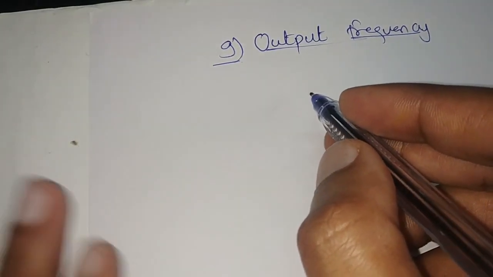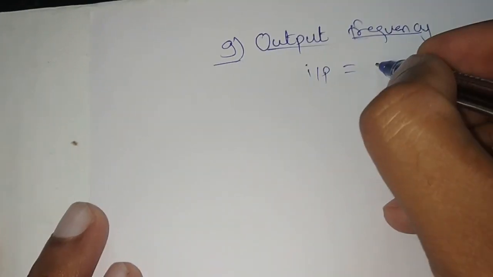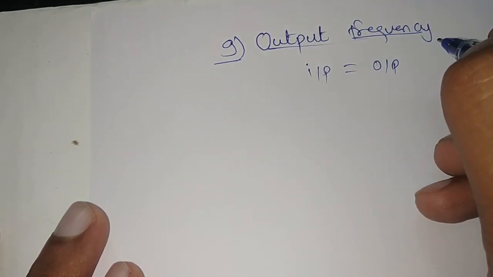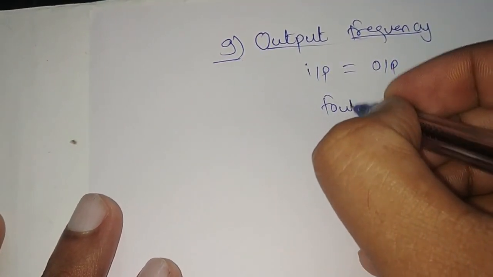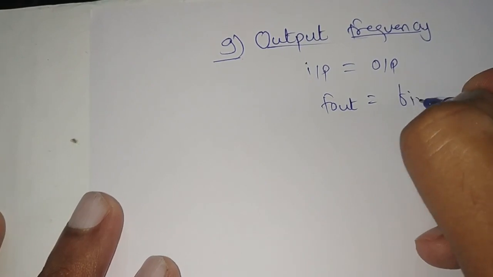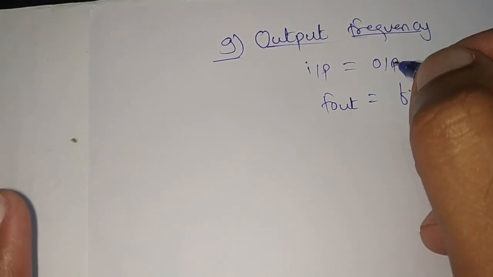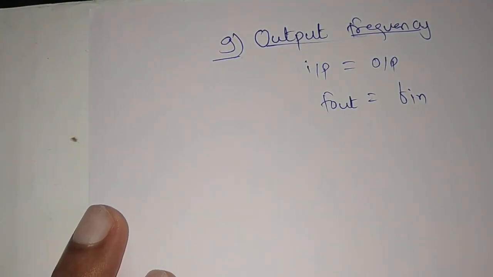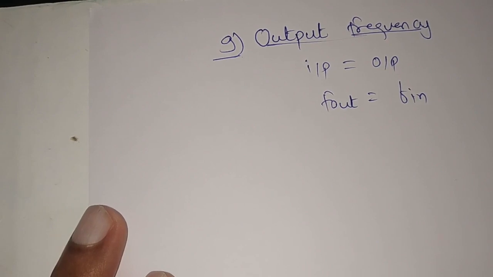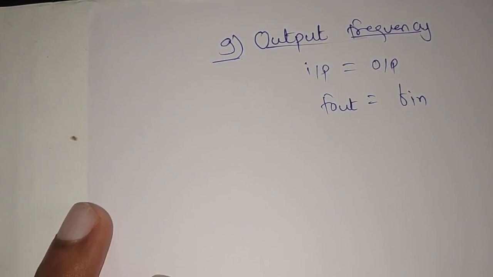Frequency of input and output will not change here. Whatever frequency of input is there, same frequency will be there for the output. So F out will be equal to F in. So output frequency will not change because we are using the same frequency for the input and same output. Whenever we are getting output for the half time or full time, we are getting it full. There is no reduction in the frequency.